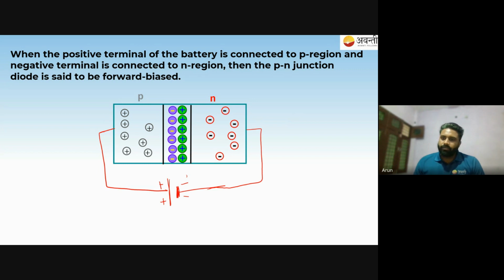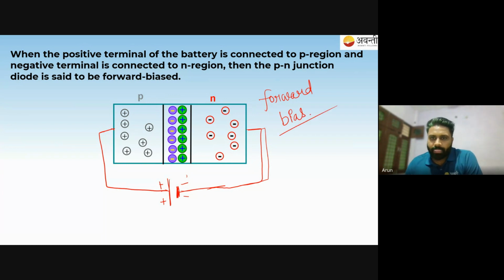So when you connect the positive plate to the P side of a diode, and the negative terminal of the battery to the N side of the diode, then it will result in the forward bias.